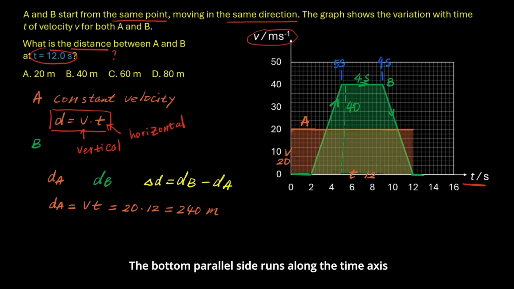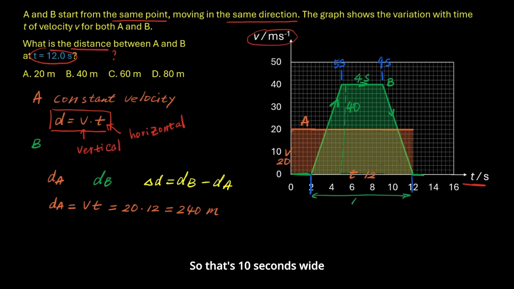The bottom parallel side runs along the time axis from t equals 2, where B first starts moving, all the way to t equals 12. So that's 10 seconds wide. And the height of the trapezoid is 40 meters per second.